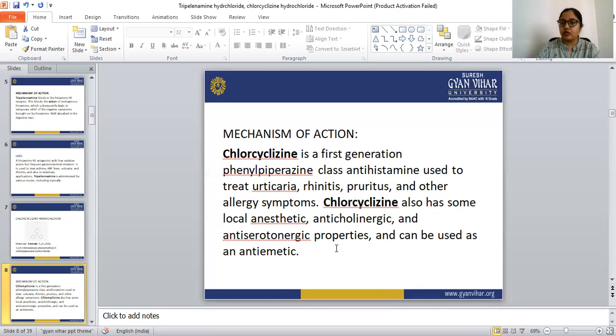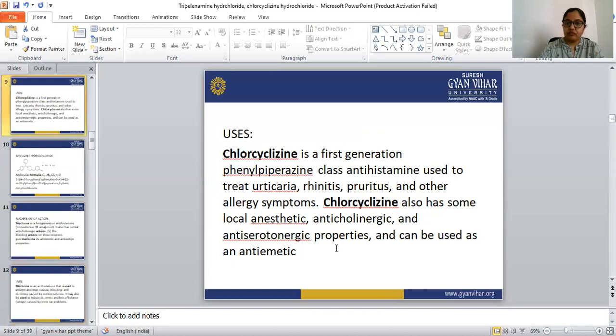It also has local anesthetic, anticholinergic, and anti-serotonergic properties, and it is also used as an antiemetic, to treat vomiting.